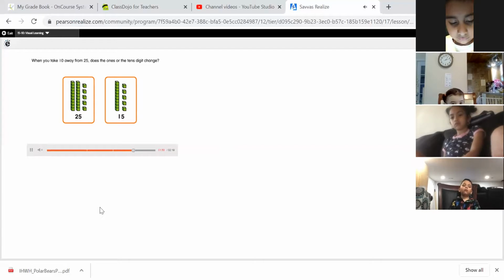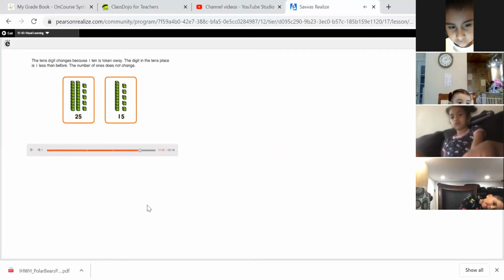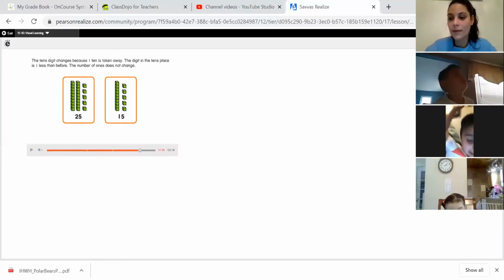When you take 10 away from 25, does the ones or the tens digit change? Which digit changed when we took 10 away? The ones or the tens? Giovanni?